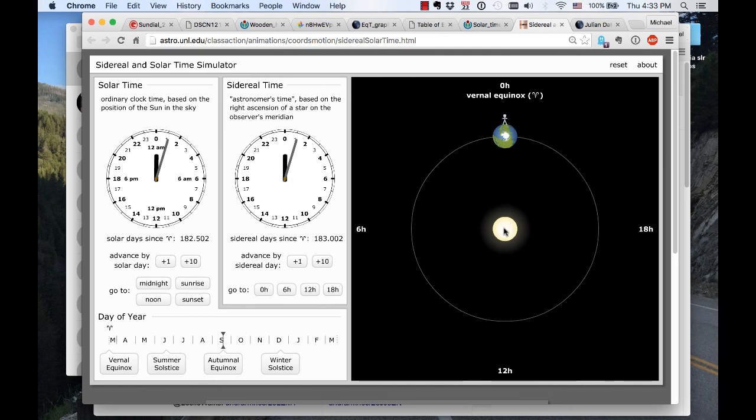But now it's midnight local solar time. So we've gone all the way around. So now you can see actually the clocks are in sync. It's one day of the year that the clocks are going to be in sync because the sun has a right ascension of 12 hours. And then when it's local solar noon, like so, then sidereal time is 12 hours, solar time is 12 hours. So you see they're pretty close to being in sync.